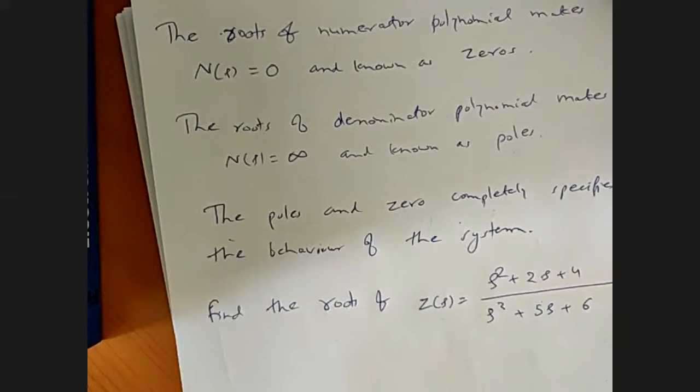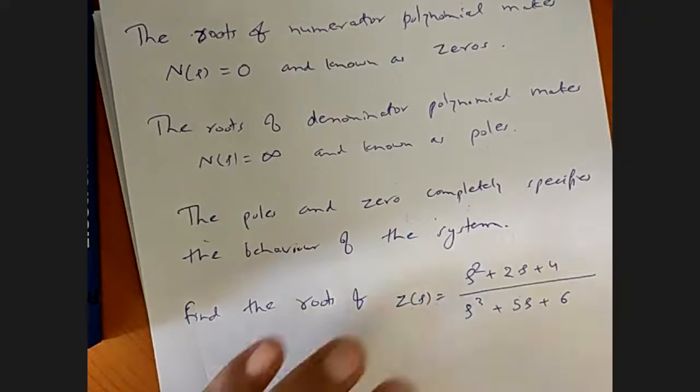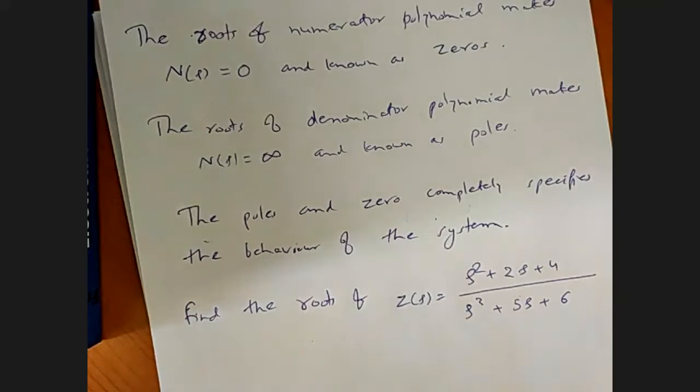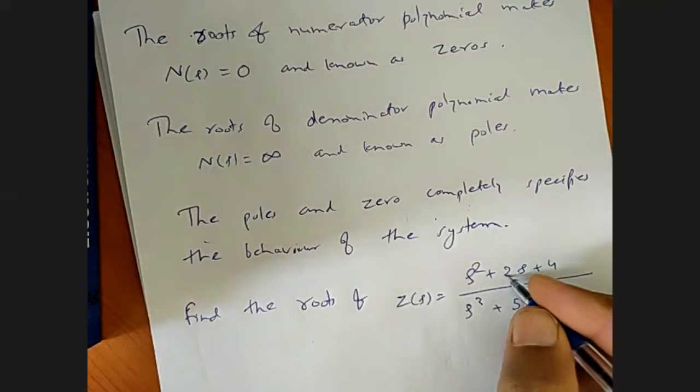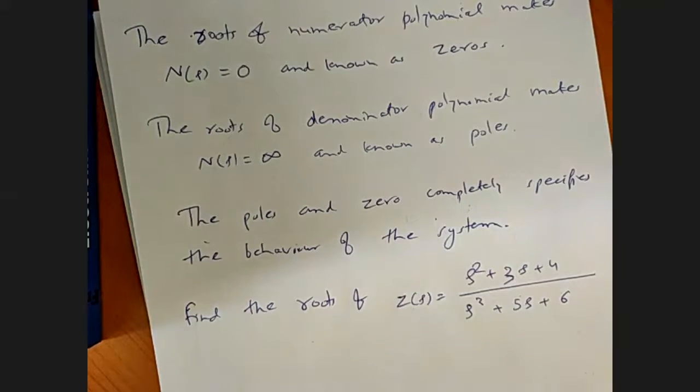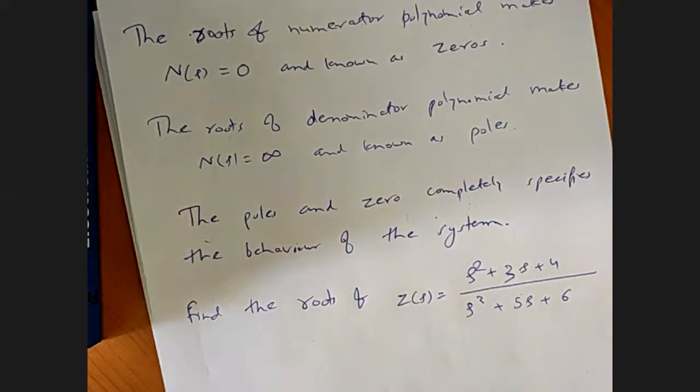So let's consider a function is given as s square plus 3s plus 4 and s square plus 5s plus 6.